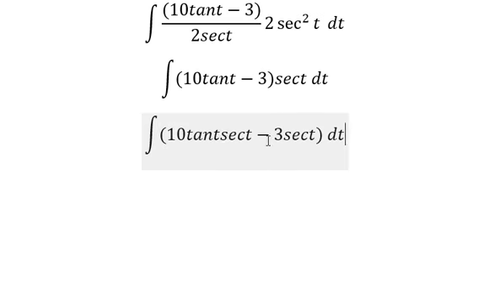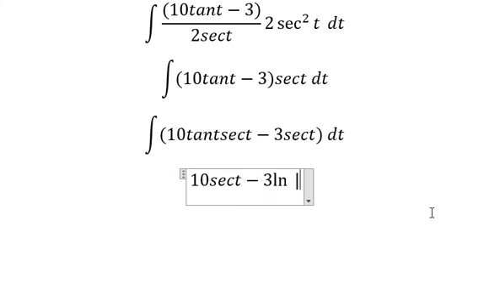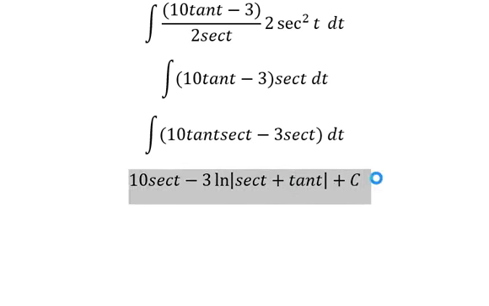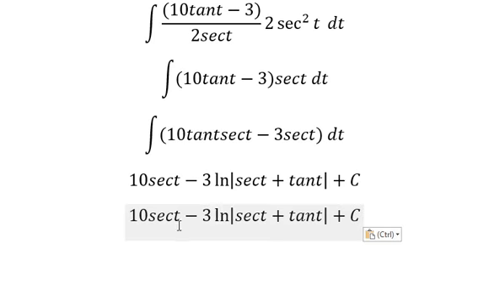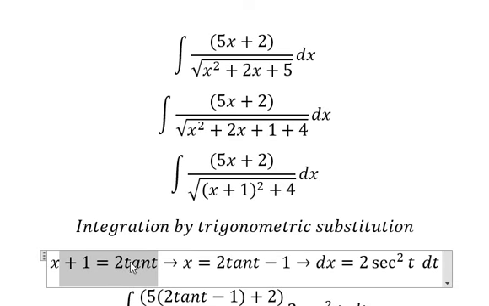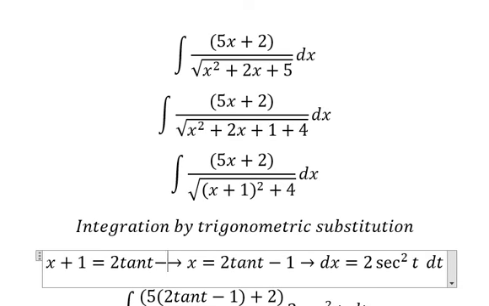The integral of tan t secant of t, you will get secant of t. The integral of secant of t, you will get ln of the absolute value of secant of t plus tan t, and we put c. About t, we divide both sides by number 2.